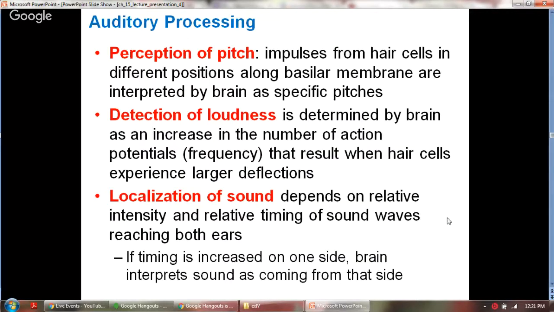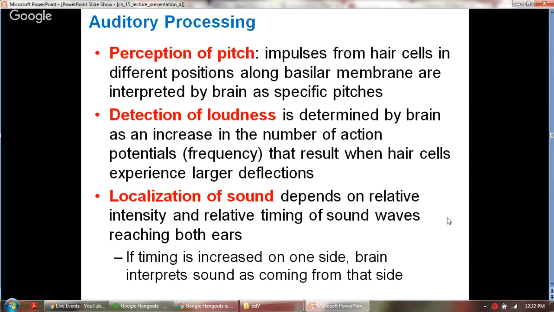The perception is also important, because during auditory processing there are several important topics that we need to know. First, the perception of pitch: the impulses from hair cells in different positions along the basilar membrane are interpreted by the brain as specific pitches.